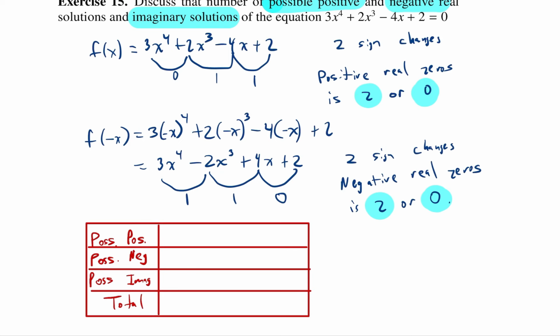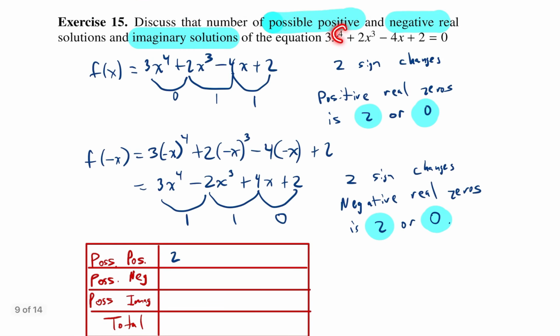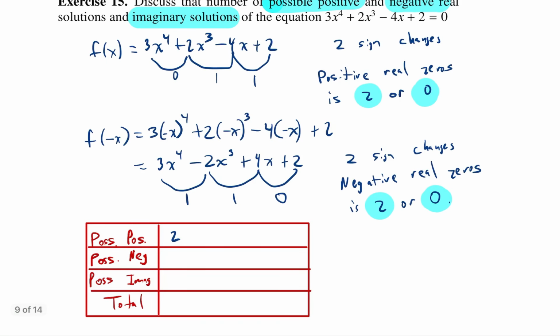All right, so for the first one, the number of possible positive values are 2 or 0, so I would write 2 here. And I know that the total number of zeros is 4 because of the degree, so the total has to be 4. All right, and then in order for the total to be 4, this column has to add up to 4.